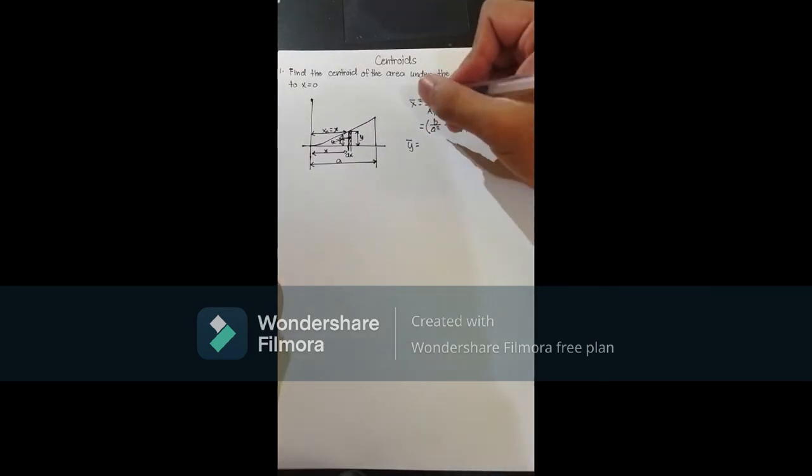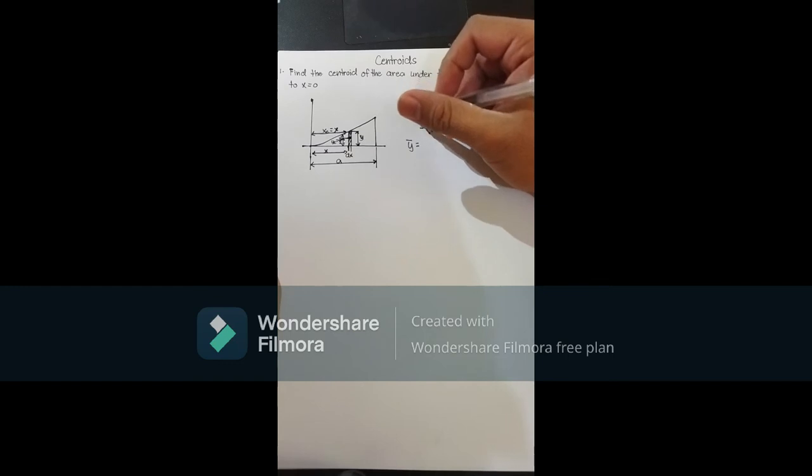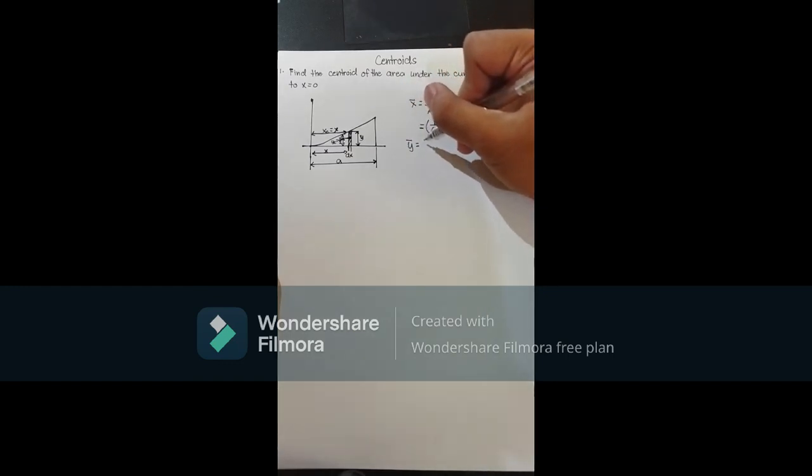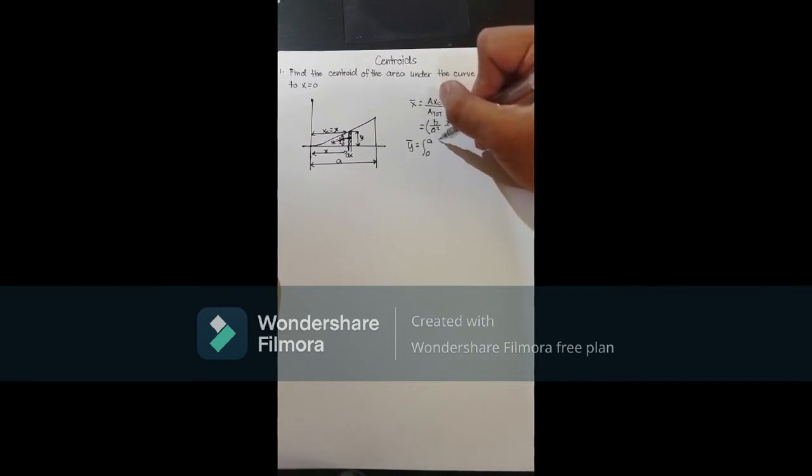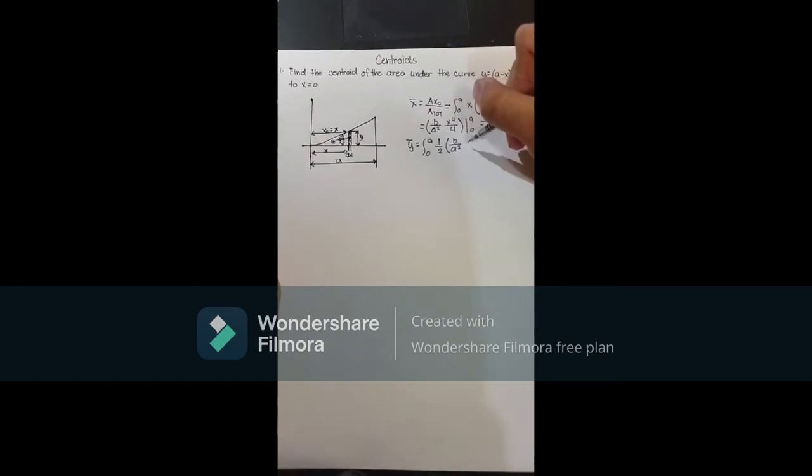Next, solving the mean of y. So still the limits are from 0 to a, and 1/2 times b over a squared x squared dx.